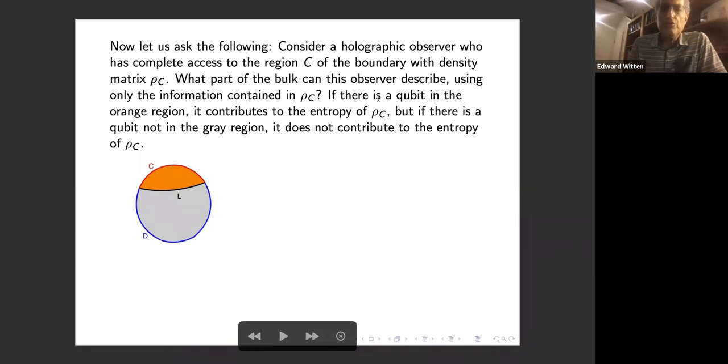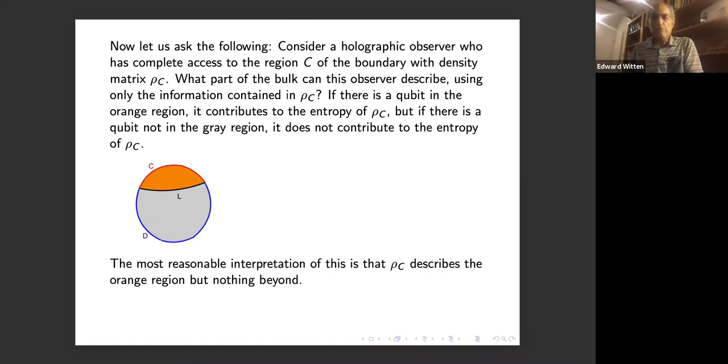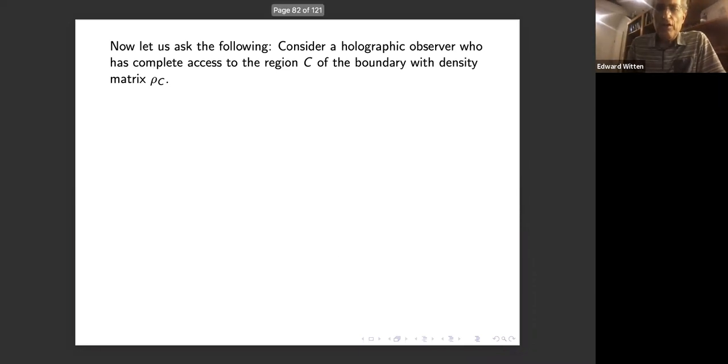If there's something in the orange region, it contributes to the entropy of rho sub C. But if there's something in the gray region, it does not contribute to the entropy of rho sub C. The most reasonable interpretation of this is that rho C describes the orange region, but doesn't describe the gray region. And this is now understood as the appropriate interpretation of the formula.